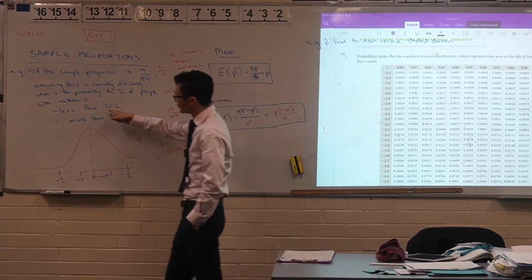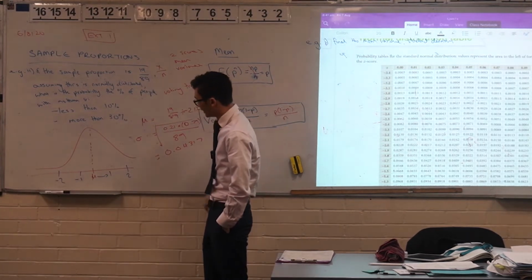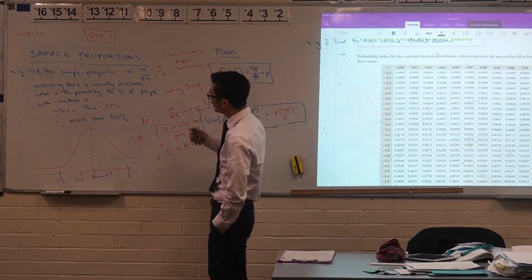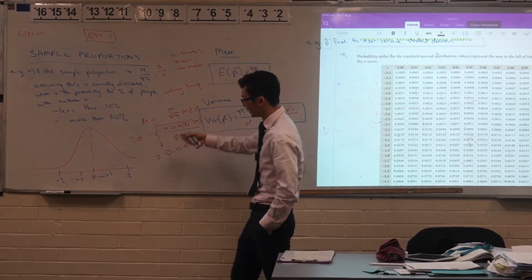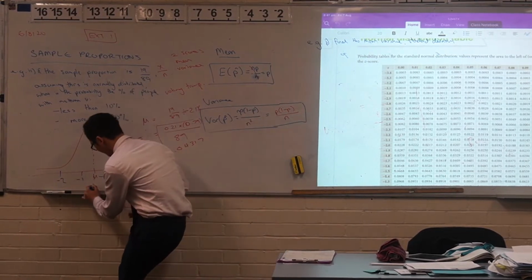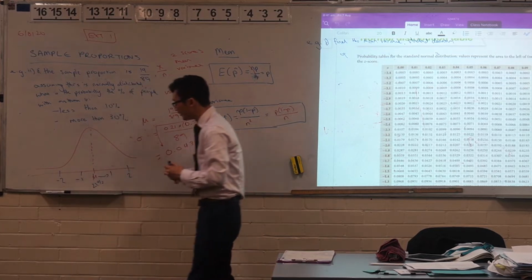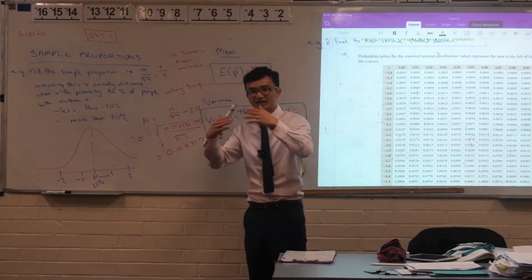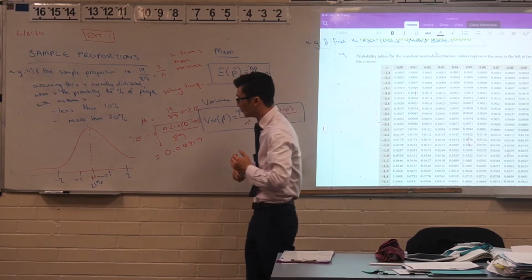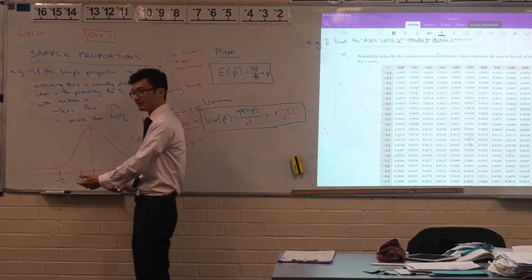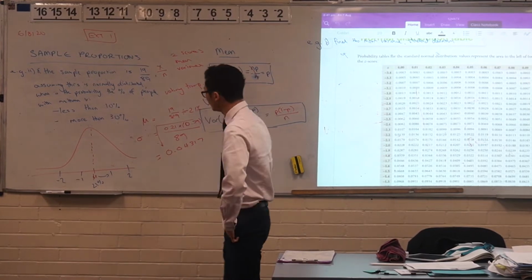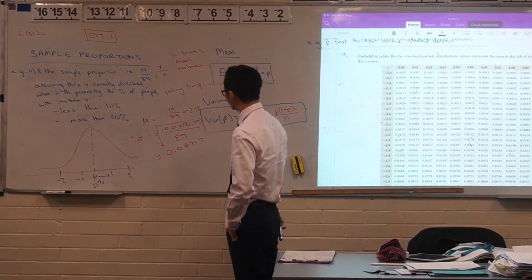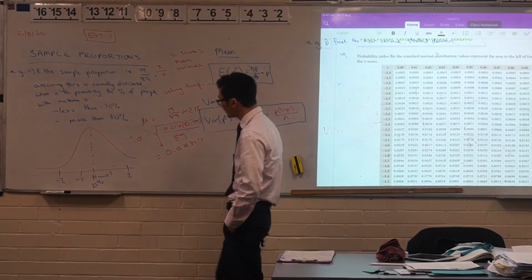Well, it's going to be related to the z-scores, right? Because less than 10%, if we know that our mean is going to be like 21%, then we want to think, okay, how many standard deviations away is that from the mean? And we had a formula to do that. Most of you could do that logically, but if you want to think about how many standard deviations away this is going to be, how can you work that out?